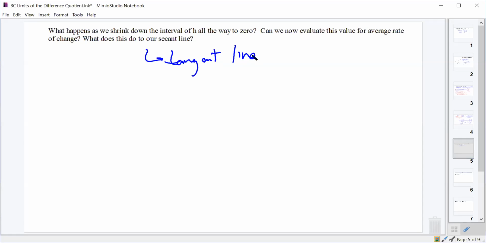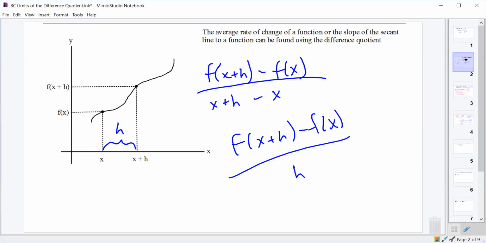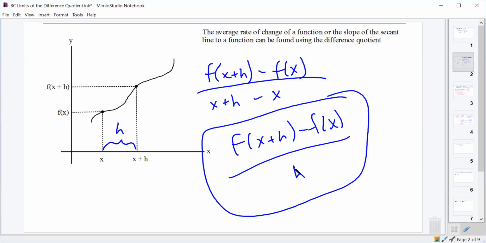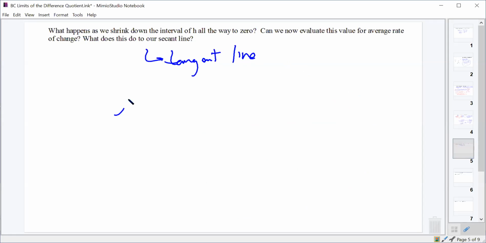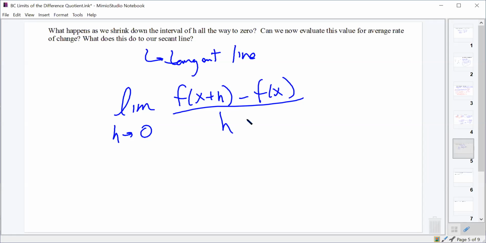And so the way we're going to have to do that, since we can't shrink the interval of h down to 0, because in our difference quotient, f of x plus h minus f of x over h, that means we're going to be dividing by 0. So what we'll do is we'll take the limit as h approaches 0 of f of x plus h minus f of x all over h.